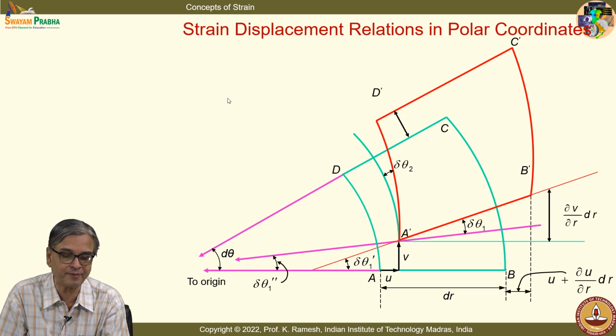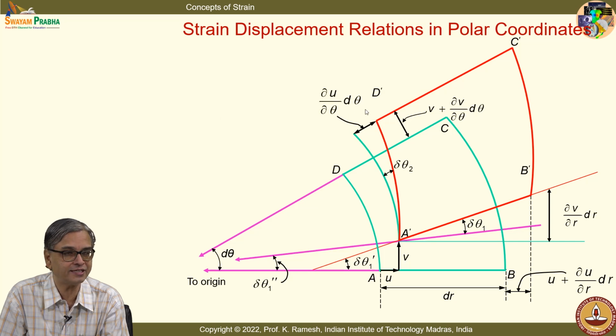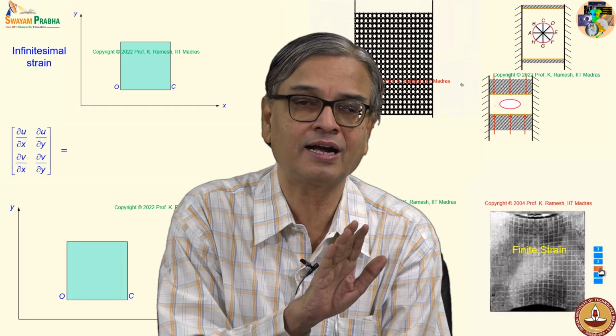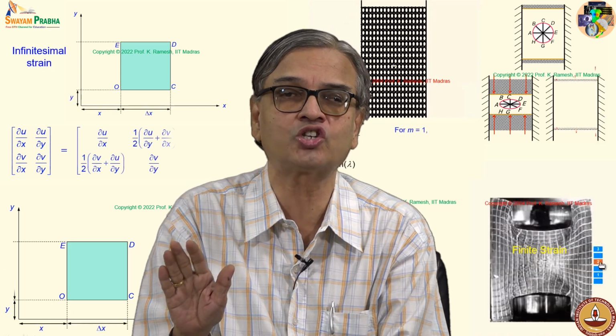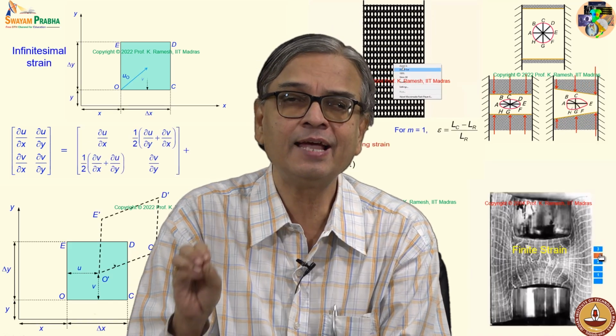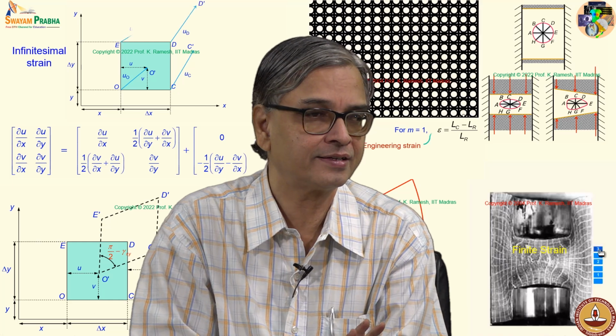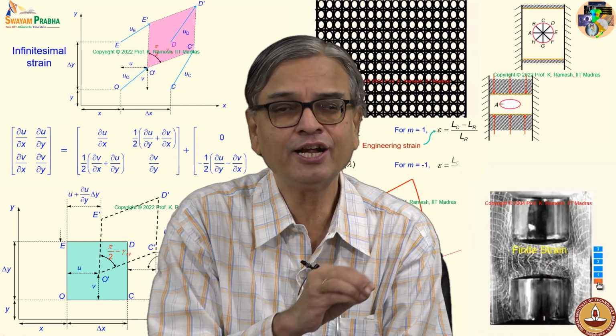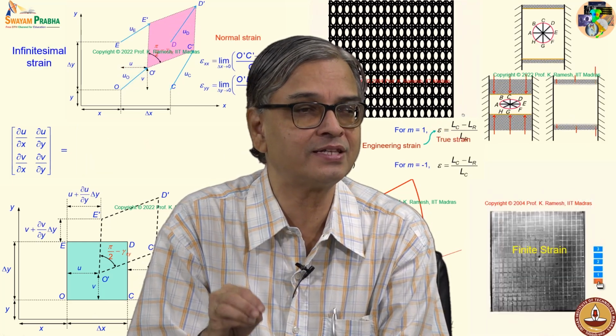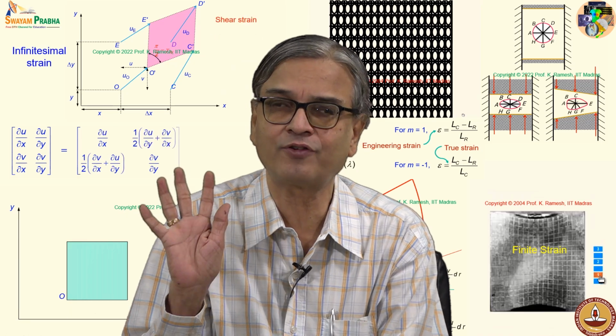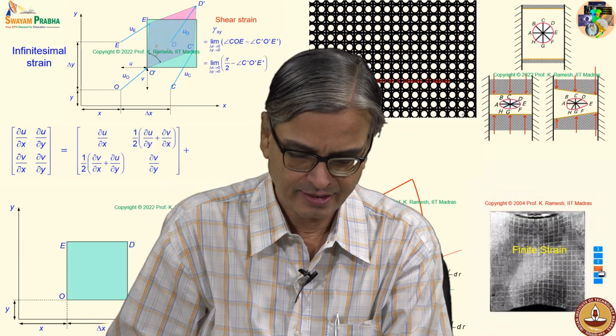So this will become, because of theta variation, v plus dou v by dou theta d theta, and this will be dou u by dou theta d theta. Once you have understood how to draw the distorted element and label the quantities systematically, finding the strain components from this diagram is simple and straightforward, fine.